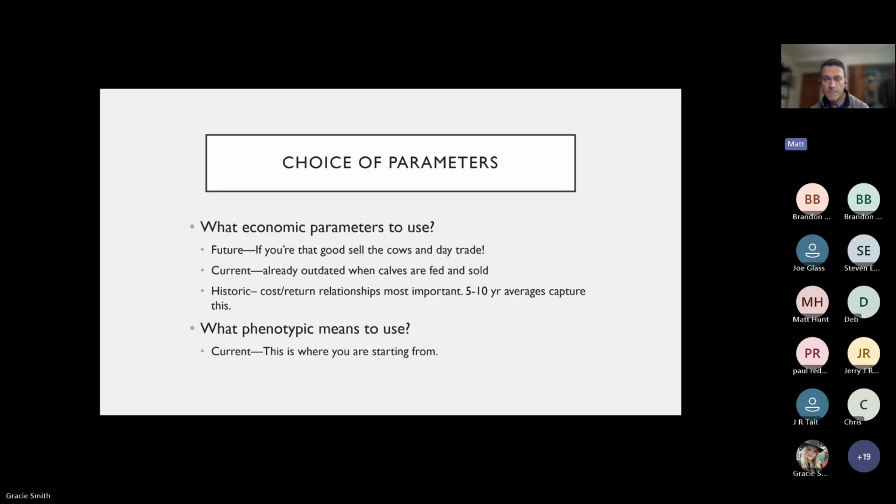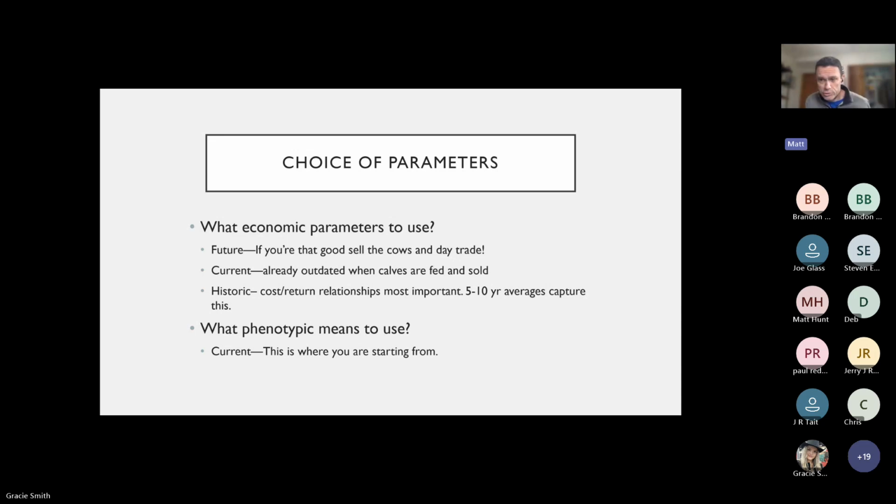If you use current value, the problem is they're already outdated when those calves are fed and sold, right? So if I use current economic values as of today, by the time I actually produce marketable animals from those matings, my economic assumptions are very, very dated. So using historic values over some long time horizon has generally been shown to be robust. A typical cattle cycle is about 10 years.